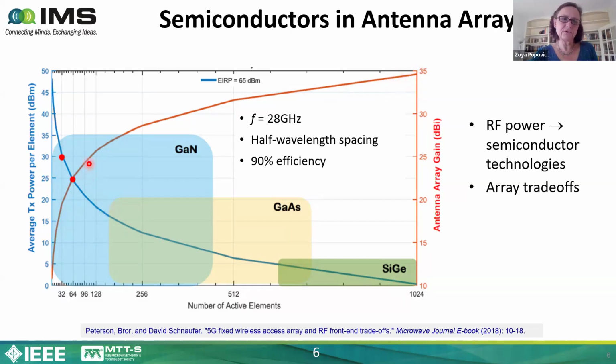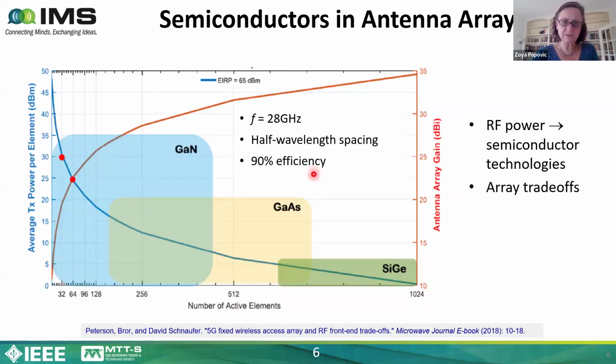On the other hand, if you use gallium nitride, you don't need too many elements, so your antenna gain is not very high, but your complexity is probably lower because you need very few elements. It takes a lot of complexity to connect thousands of antenna elements, with their thermal implications and so on. This is for 28 gigahertz with half wavelength spacing of the elements and 90% efficiency of the antenna itself.